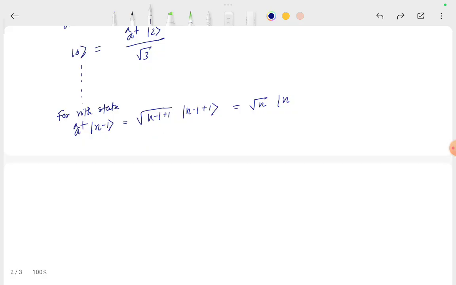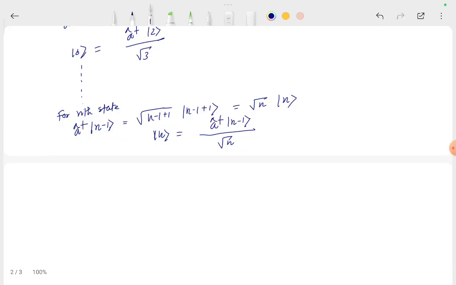So ket n equals a dagger ket n minus 1 over root n.